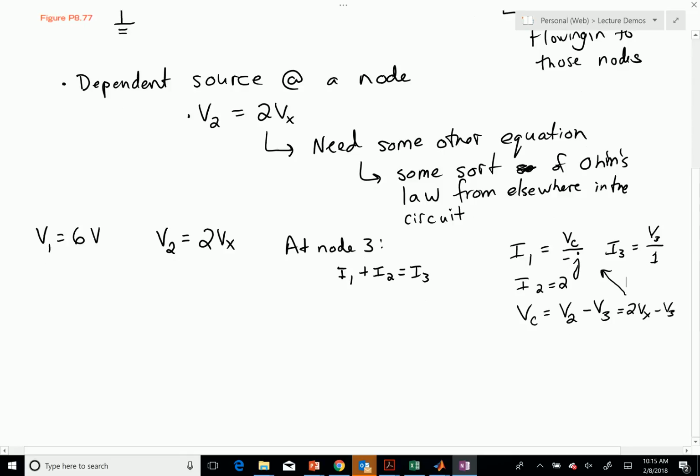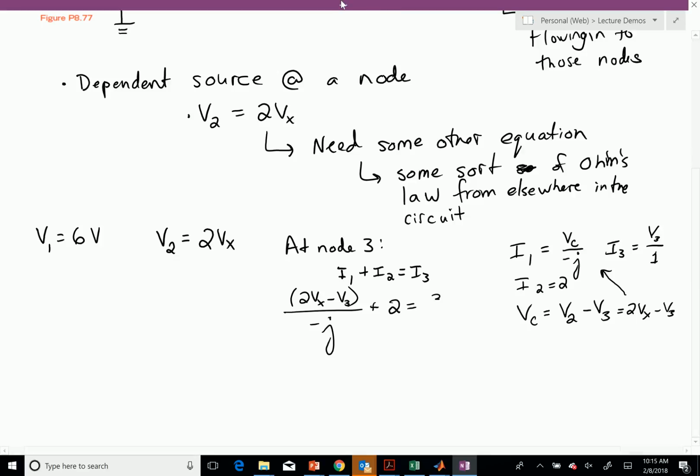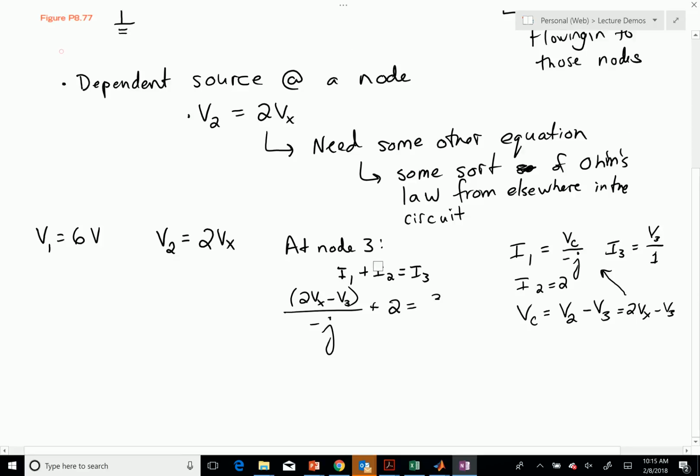Let's expand this now. I1, in terms of the node voltages, is 2Vx minus V3 over negative j, plus I2. So what is I2? I2 is 2. And I3 in this particular case is V3 over 1.